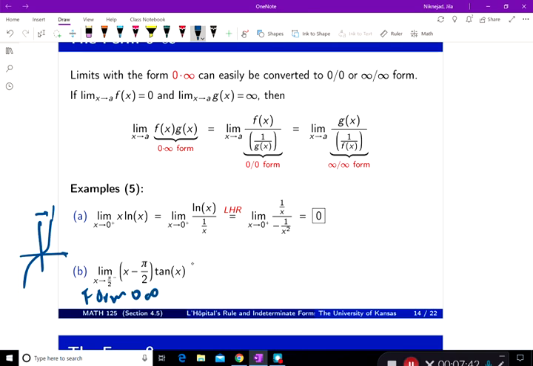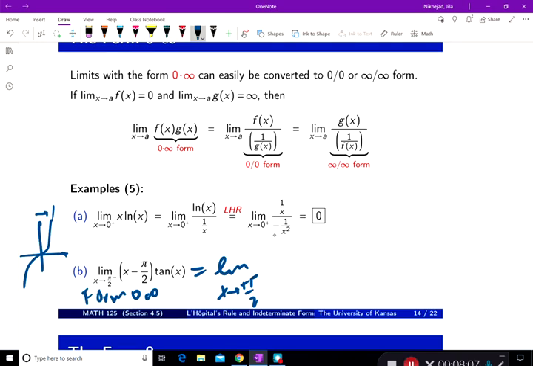Now what do I do? I'm trying to see, is it easier to reciprocate x minus pi half, or easier to reciprocate tangent of x? It seems like tangent of x can become cotangent of x. So I'm going to write down the limit as x approaches pi half.